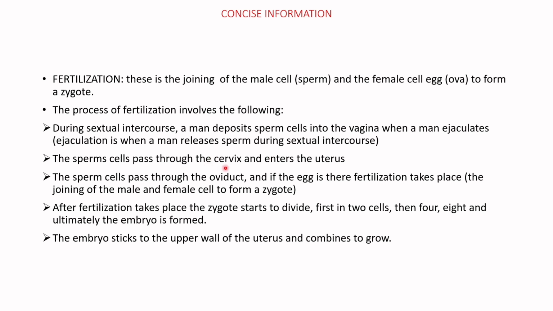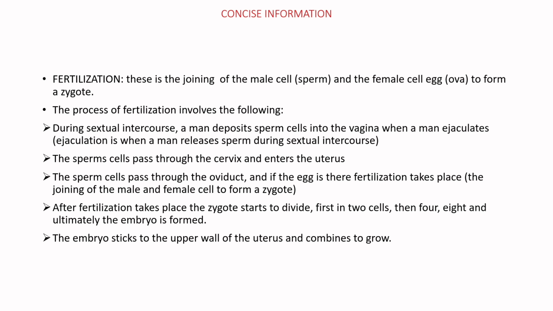The cervix is a demarcation found between the vagina and the uterus, and it provides mucus that helps in lubrication during sexual intercourse. We'll look at that as we proceed in the video.